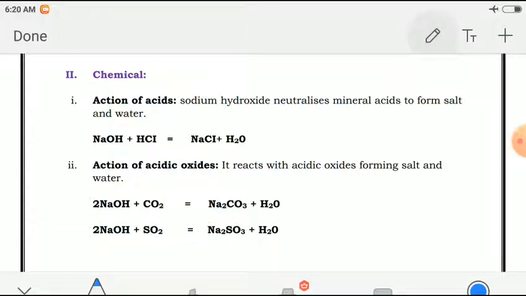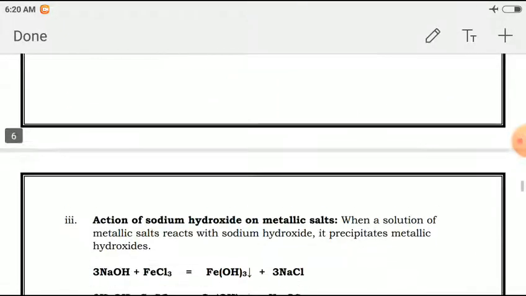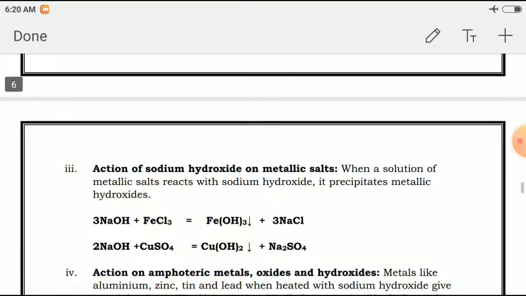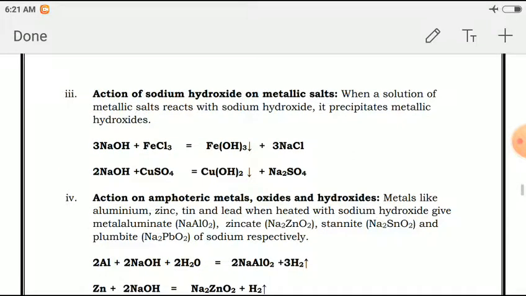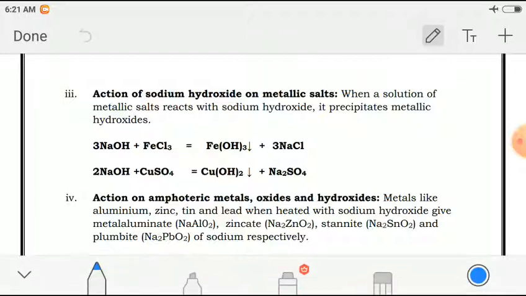Now we will see action of sodium hydroxide on metallic salt. When a solution of metallic salt reacts with sodium hydroxide, it precipitates metallic hydroxide. See the reaction.